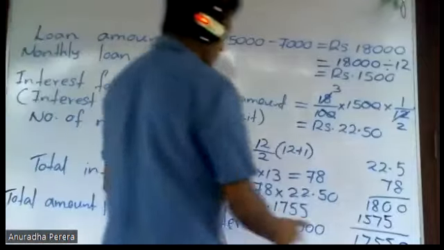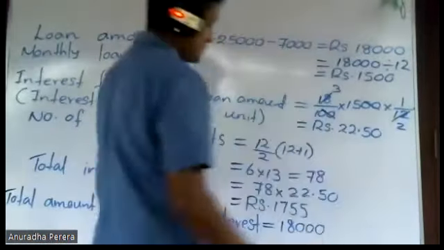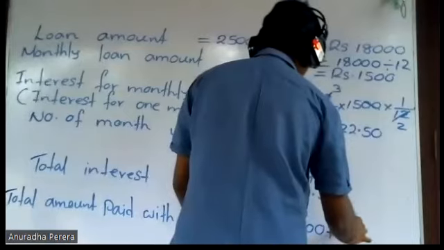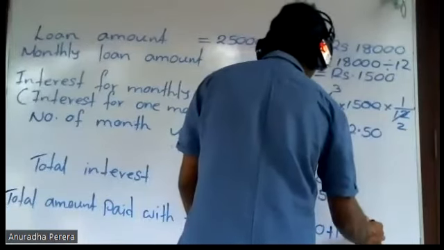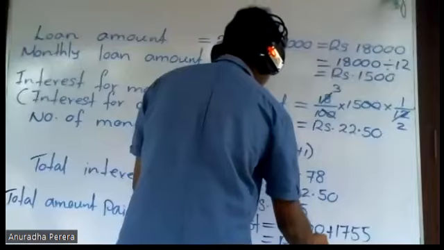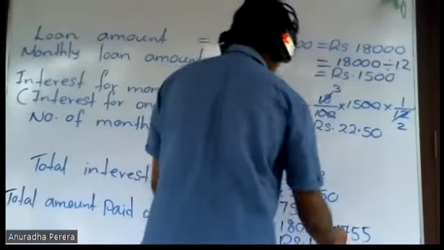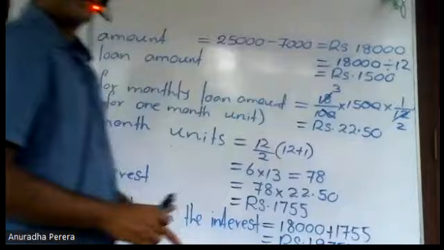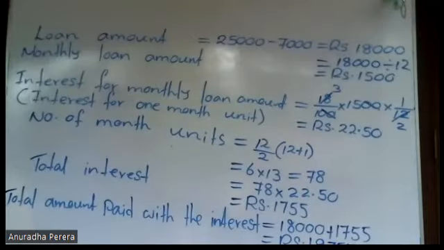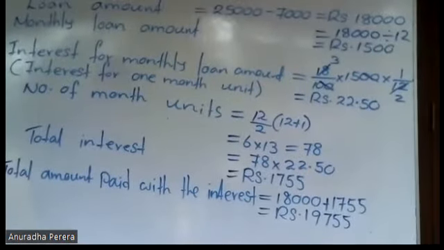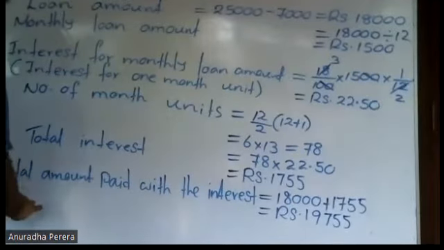Total interest 1,755. Total is 19,755. Now value of an installment.